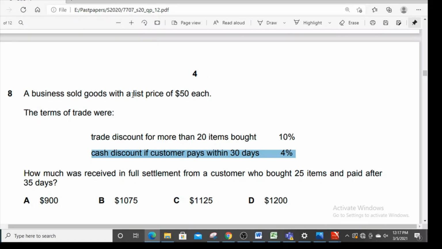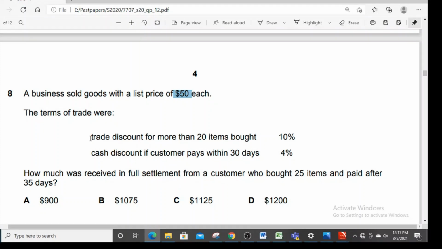At this point, you must remember the difference between list price and net price. List price is the one before trade discount. So we subtract trade discount of 10%, 10% of 50 per item, so $5. Trade discount is subtracted and we are left with a net price of $45 per unit.